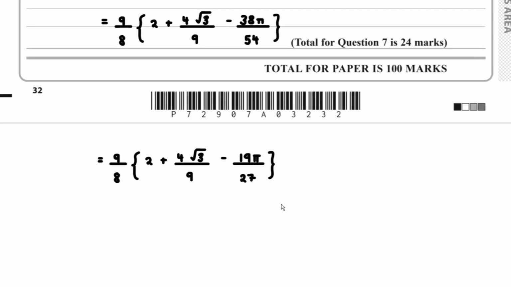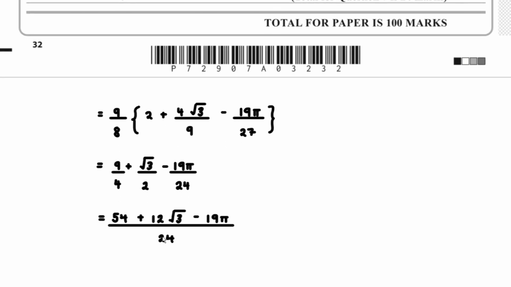And if I continue to simplify, I'd have 9/8 times 2 plus 4 root 3 over 9 take away 19 pi over 27. And multiplying the 9 over 8 into the bracket, I'd have 9 over 4 plus root 3 over 2 take away 19 pi over 24. And if I write all that over a common denominator, I end up with 54 plus 12 root 3 take away 19 pi over 24, which is the final answer.